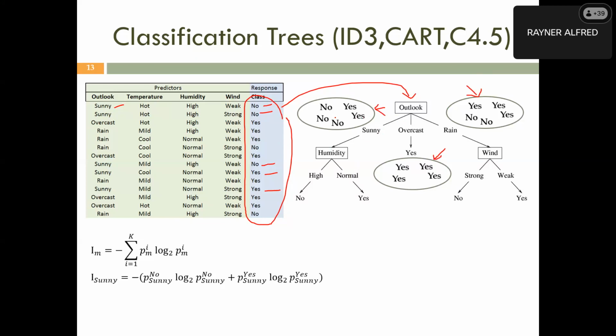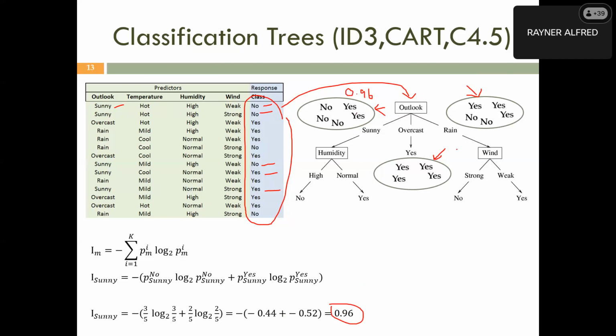So for the sunny, we have 3/5 and 2/5. Okay, so this is the entropy for this partition. So this is 0.96. So notice that the entropy value is very high because we have almost 50-50 belonging to different class levels.